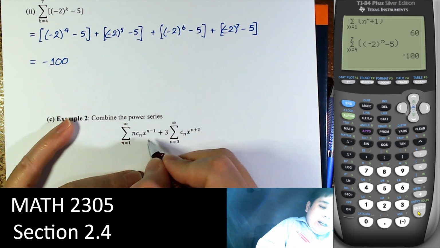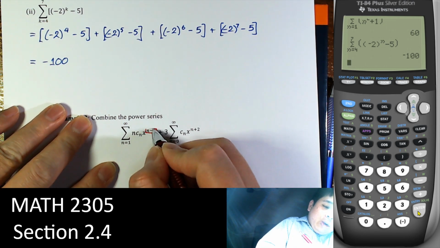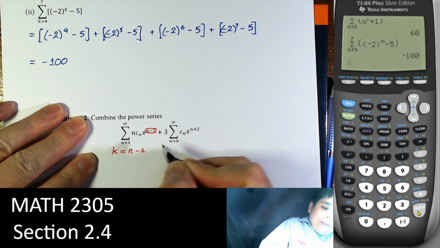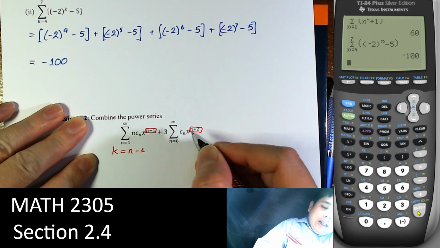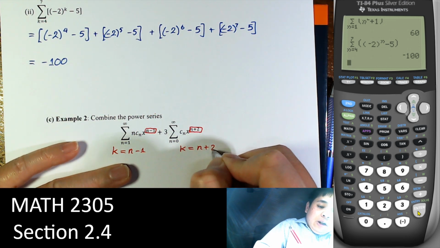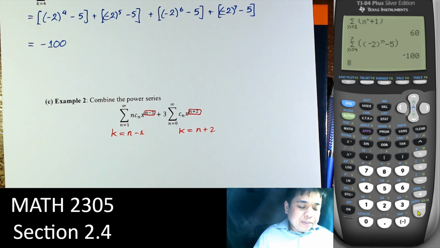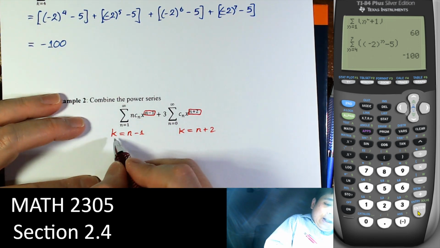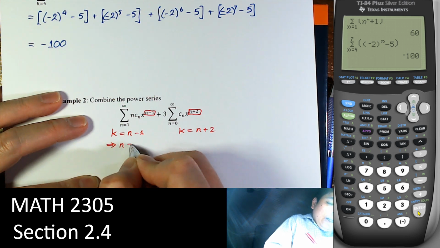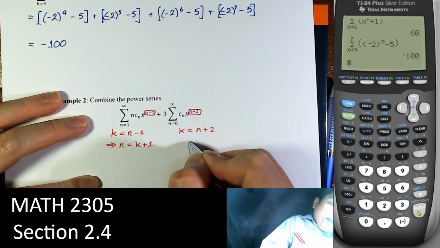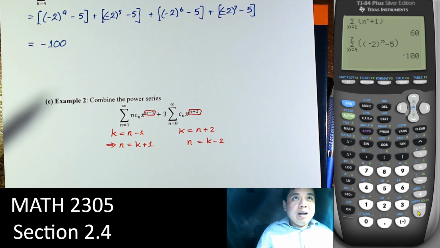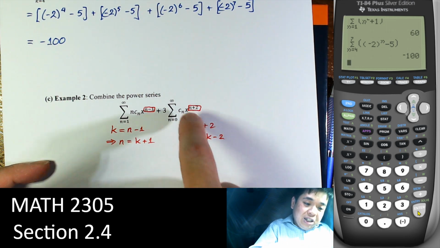So what we do here is for this one, we're going to let this equal k. And we get this equal to k. For two different ones here. If that is the case, so we have here k is equal to n minus 1. So that means n is equal to k plus 1. And n is equal to k minus 2. Right? We substitute that into this, substitute that into this.